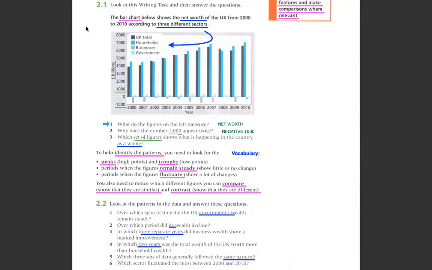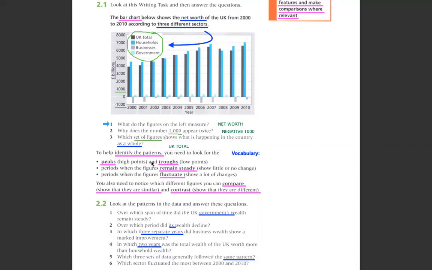All right, so these are the different things that are being compared. Which one of these shows what's happening in the country as a whole? So we're looking for a paraphrase of the words as a whole. It's the UK total, right? The total there means as a whole, okay?